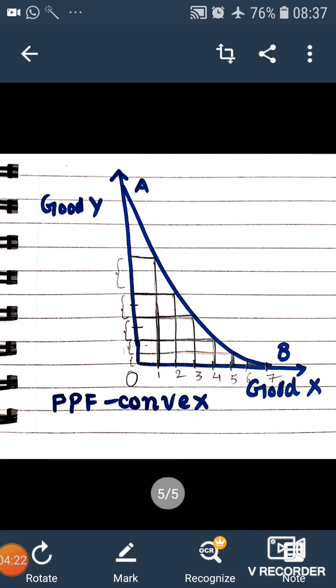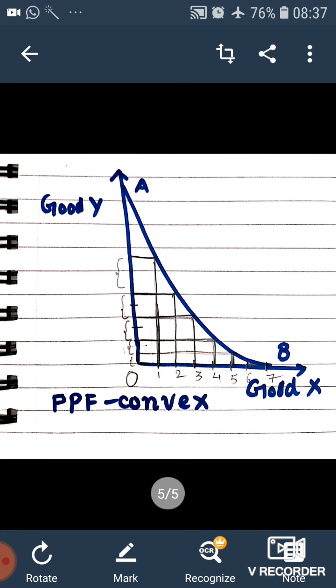Yes, students, if you see here, the convex shape of PPF, reason being MRT is falling. That is, the sacrifice is decreasing. If you see, we are gaining each additional unit from 1 to 2, 2 to 3.